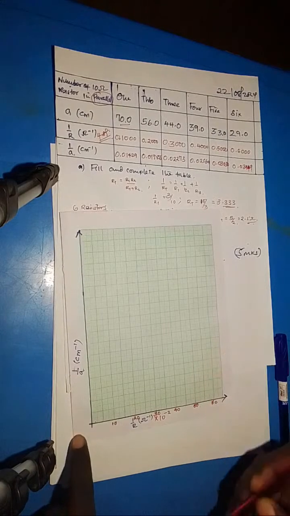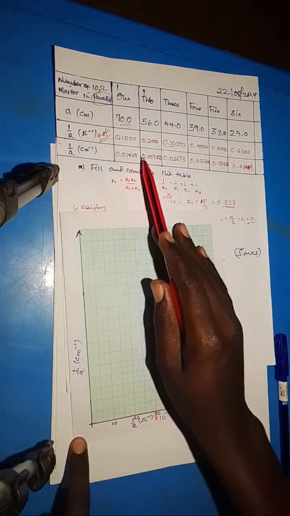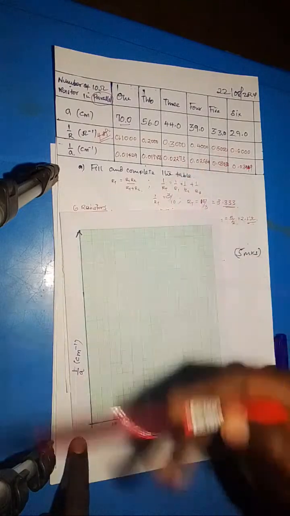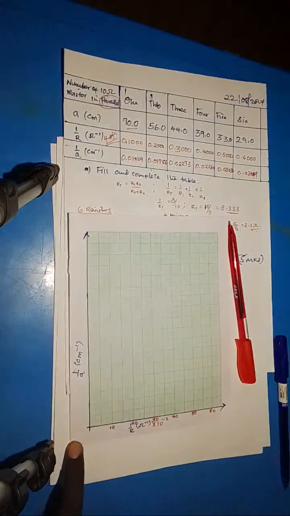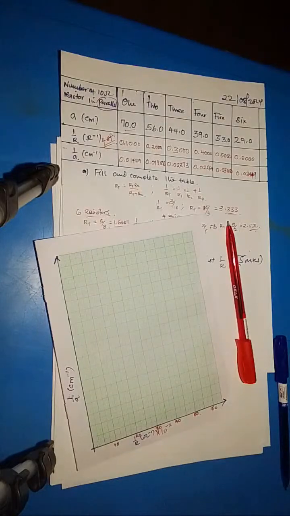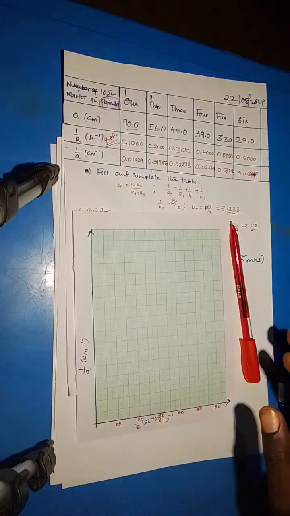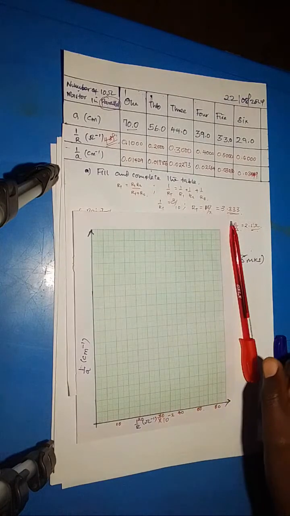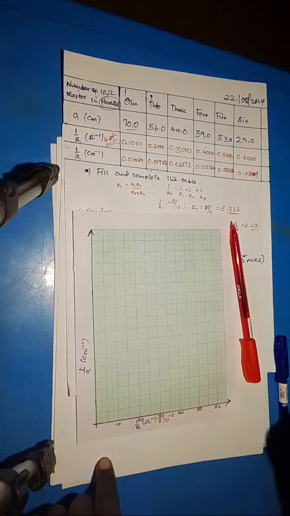But now when it comes to the y-axis, it is ranging from 0.014 all the way to 0.034. I may choose a better way. I can make the 0.01429 to be 14 by multiplying by 10 raised to power negative 3.